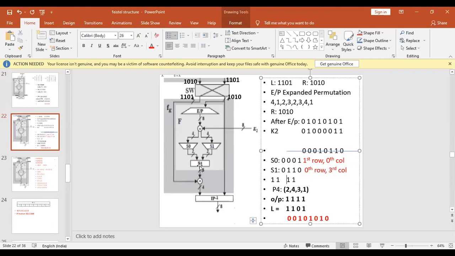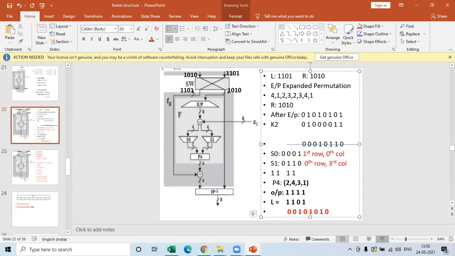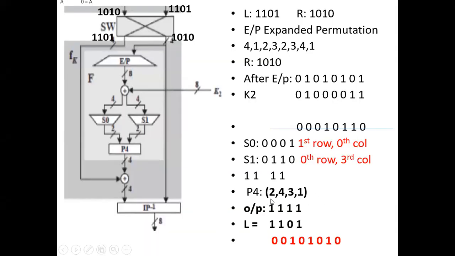And after that, you have to perform permutation P4 on this. The sequence is 2, 4, 3, 1. That is done on the output of S0 and S1, and you will get the same 1, 1, 1, 1.